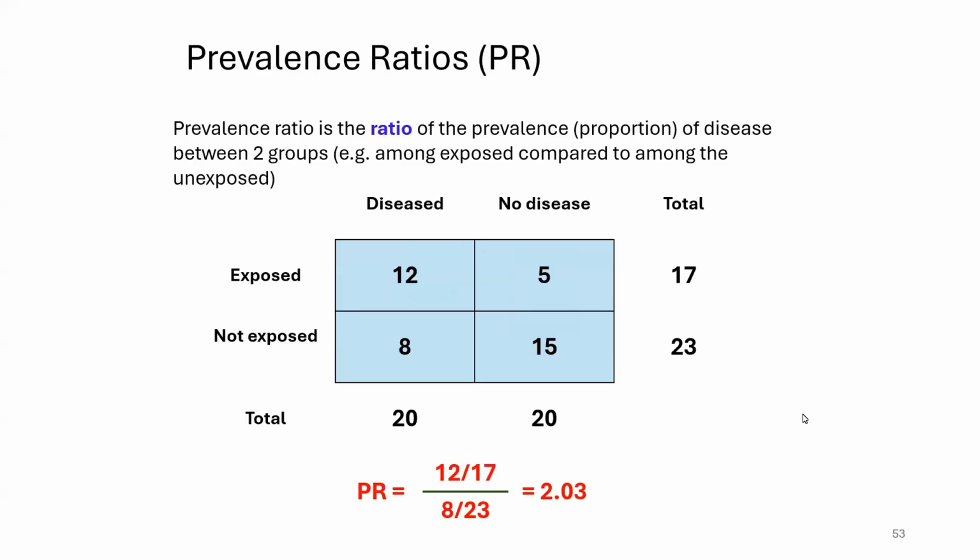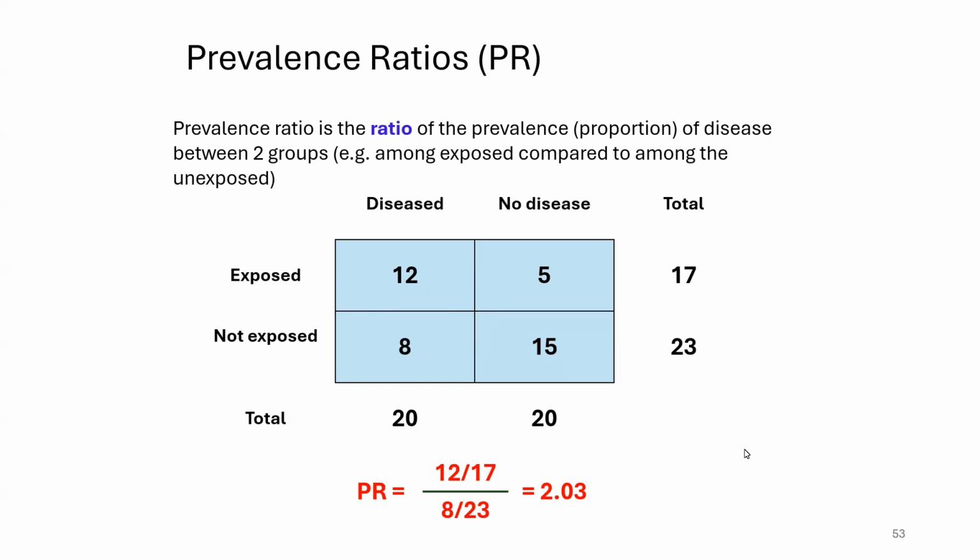So when thinking about the ratio of prevalence of the disease in the exposed and the unexposed groups, say we wanted to calculate it for whatever disease this is, let's call this disease Y. If we were to calculate the prevalence ratio, we would get, say, 12 over 17 divided by 8 over 23 to get 2.03.